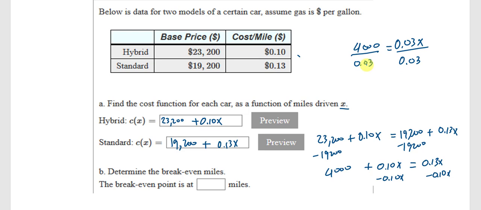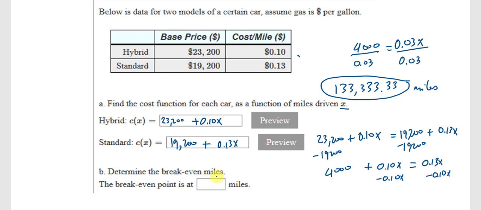So 4,000 divided by 0.03 gives me 133,333.33, to two decimal places. Okay, so this is the number of miles at the break-even point.